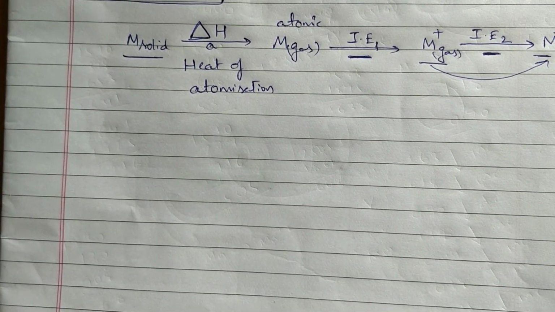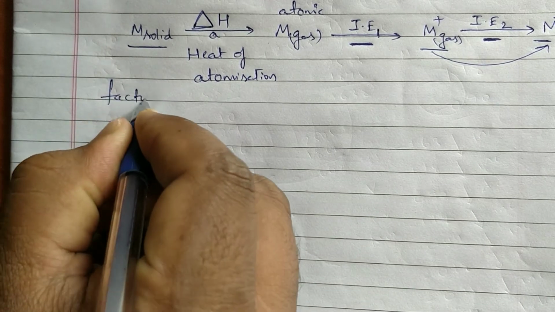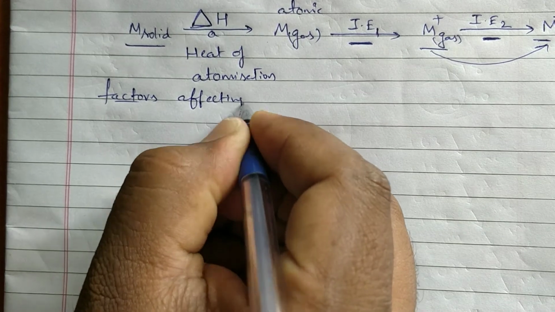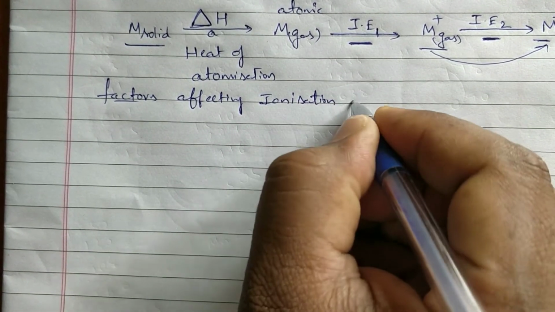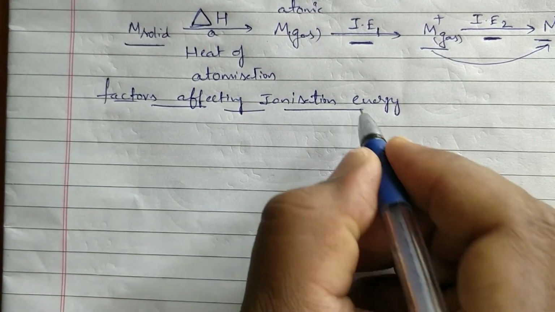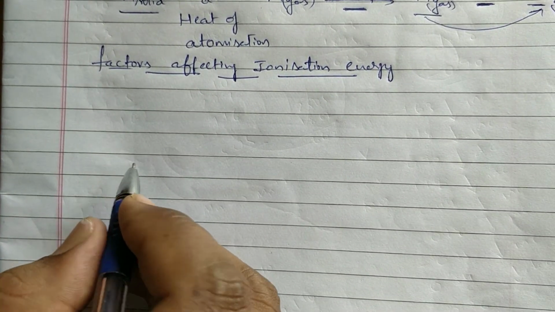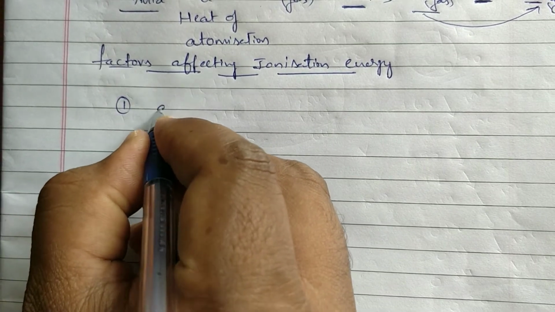Now the main point here is the factors that affect ionization energy. What are the factors that are going to affect the ionization energy? First one, atomic size.